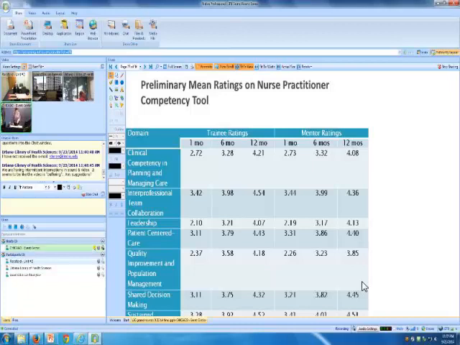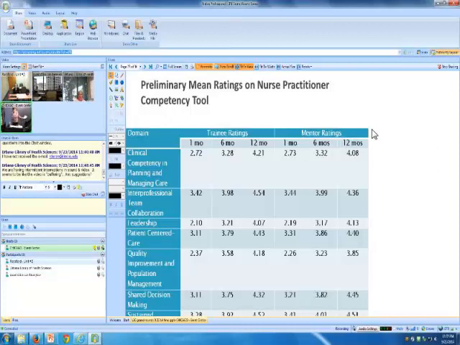Okay, and then you can see what really made me happy when I saw this is how comparable the ratings are. We're doing some t-tests here on the correlation from the trainees' rating to the mentors' rating. So you'll hopefully be seeing this more in the literature.